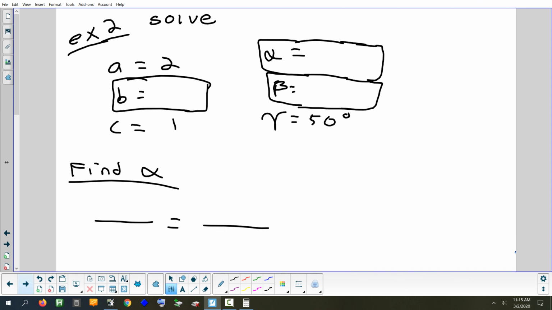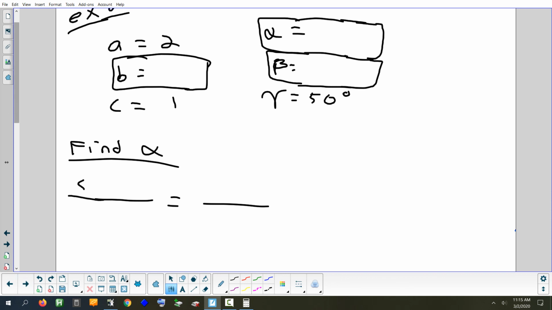So let's set it up to find alpha. Megan, can you tell me what would go on the left to find alpha? Yep. Since it's just divide by 1, we technically don't even need to put divide by 1, but it's fine. Sine 50 over 1. And then Pat, on the right, you would put sine of alpha over 2.